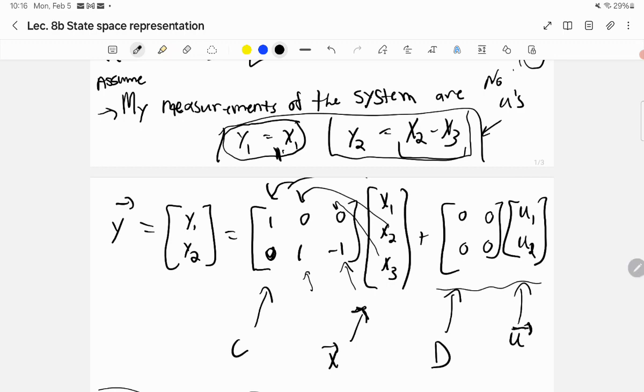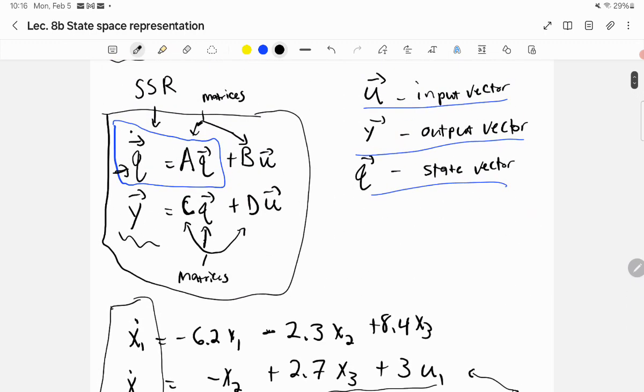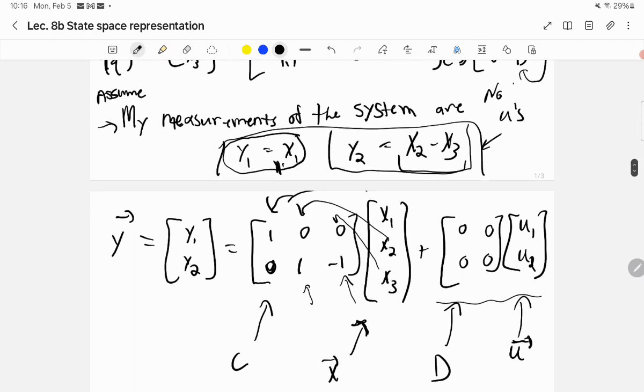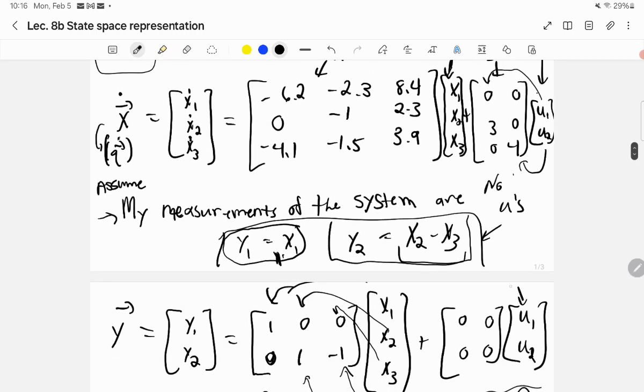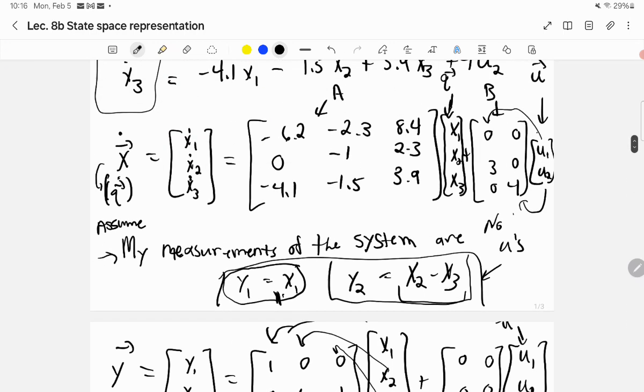Then my state space vector, again, notice that I had the state space vector in the output, just like I had it in the state space representation up here. So I get q twice. I'm also going to get u twice. And I already know my u is u1 and u2, so that's my vector u. But notice that in my measurements, u1 and u2 are not measured.